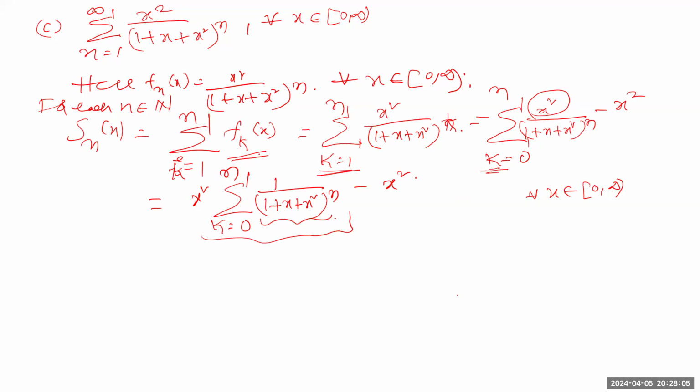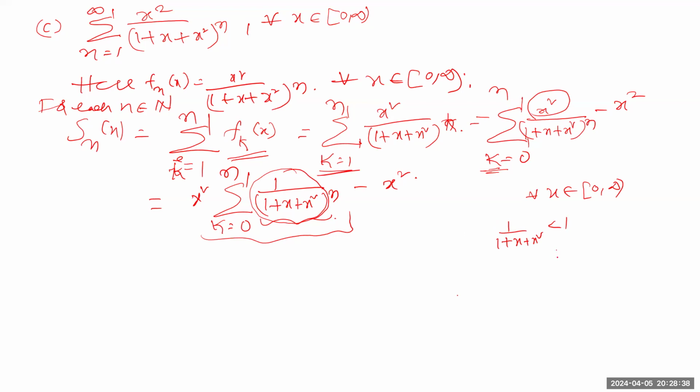If the common ratio is less than 1, it is easy: the geometric sum. Clearly the common ratio, 1 over (1 plus x square), is less than 1. If it is less than 1, what is the sum?